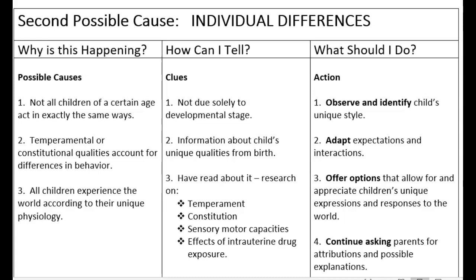And then you want to keep asking questions, not only of the parent, but also maybe of yourself and your experience of that child, of the attributes that you see in the child and possible explanations as to why behavior is happening.